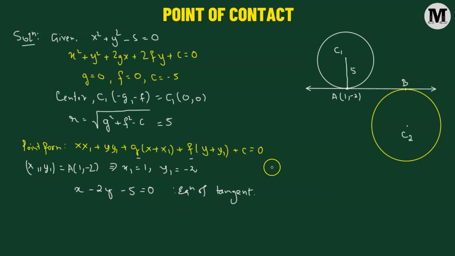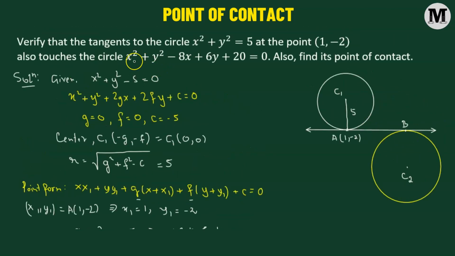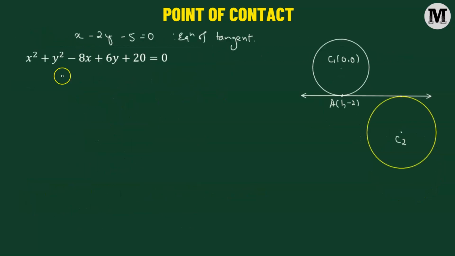We have to show that this particular tangent is also a tangent to the circle with center C2. So let's use the equation of the second circle and try to find out its center as well as radius. If we compare this equation with the general equation, then 2g equals negative 8, 2f equals 6 and the c value is 20.